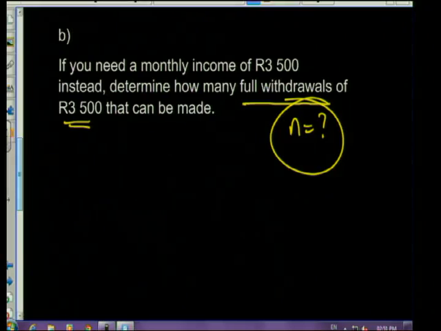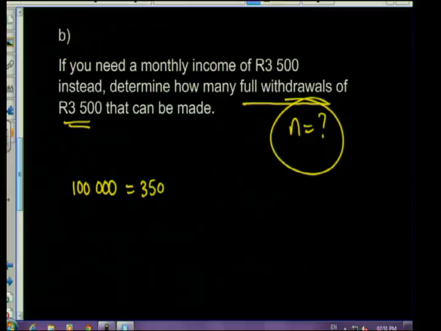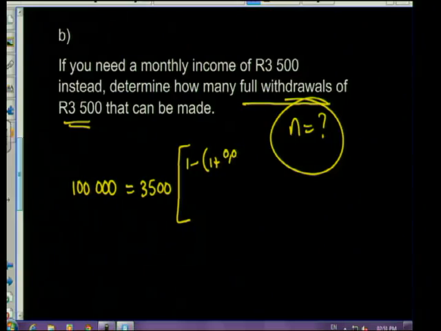I had 100,000. I know that I want to take 3,500 out of that. Remember that this is a PV annuity formula, so it's the 1 minus 1 plus. Remember that the interest rate is 8%, 0.08.